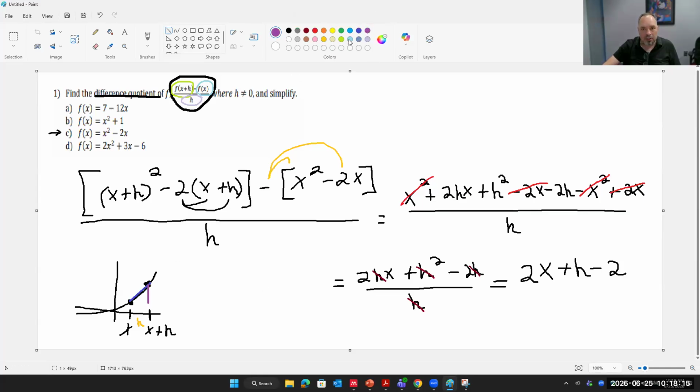And then this is the H. So you're getting the slope of that blue line, assuming you know what your X and your H are.